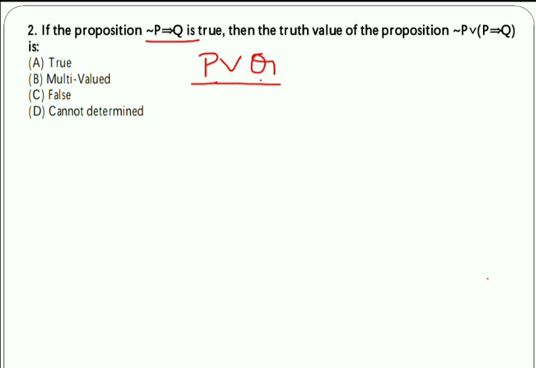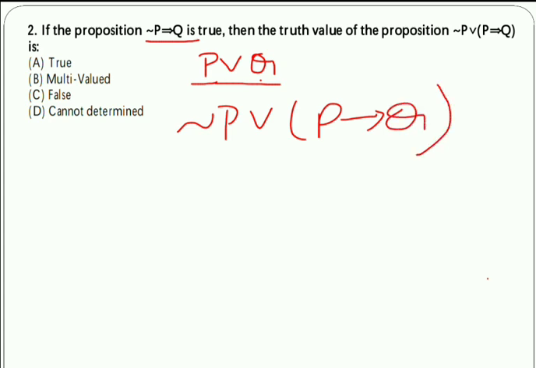Okay. So from the given expression, negation P or P implies Q, we can write P implies Q as negation P or Q. So negation P or Q. Okay.